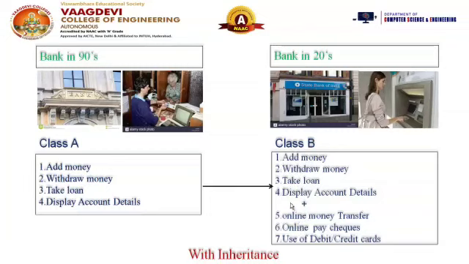So, the advantage of inheritance is reusability. That is, the function written in one class can be used in another class. And in less time, new classes can be developed using existing class.